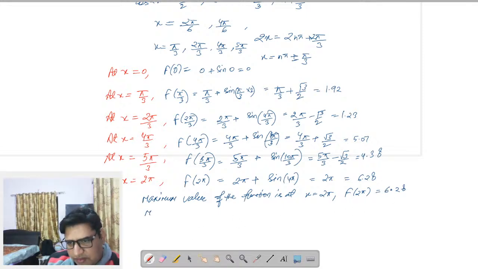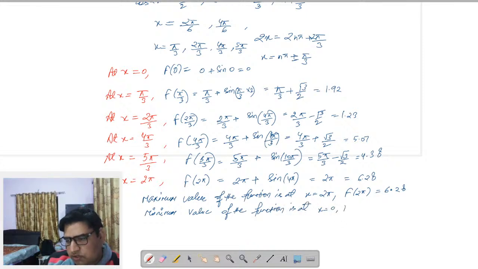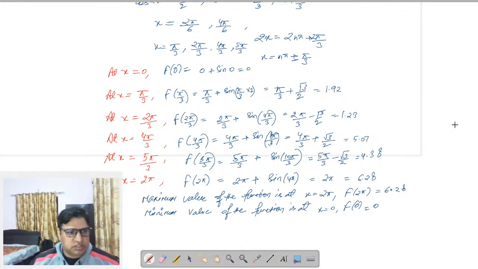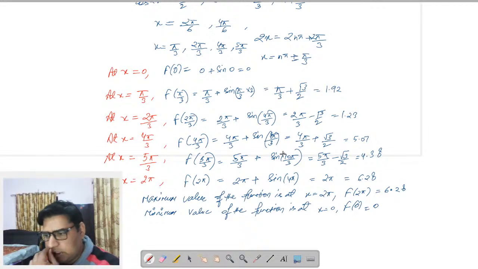Okay, and the minimum value of the function is at x equal to 0, and that is 0 only. Okay, so guys, this is how we can try to solve this type of question.